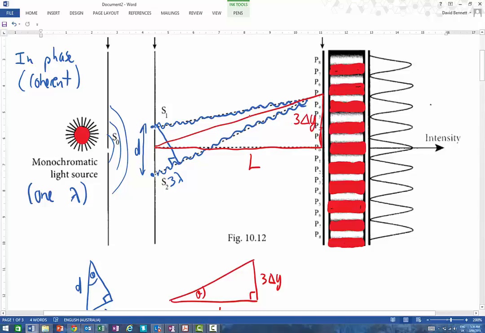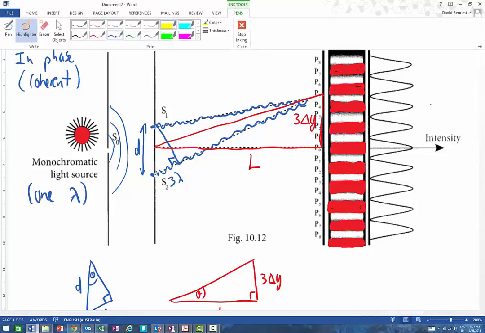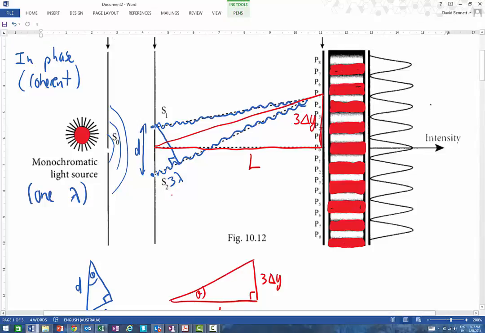All right, so if you know that triangle, now the derivation might be for the dark band, and the dark band in this particular case is actually in white. So if that's the case, then what we know is that it might travel wavelength over 2, or 3 wavelengths over 2, or 5 wavelengths over 2.